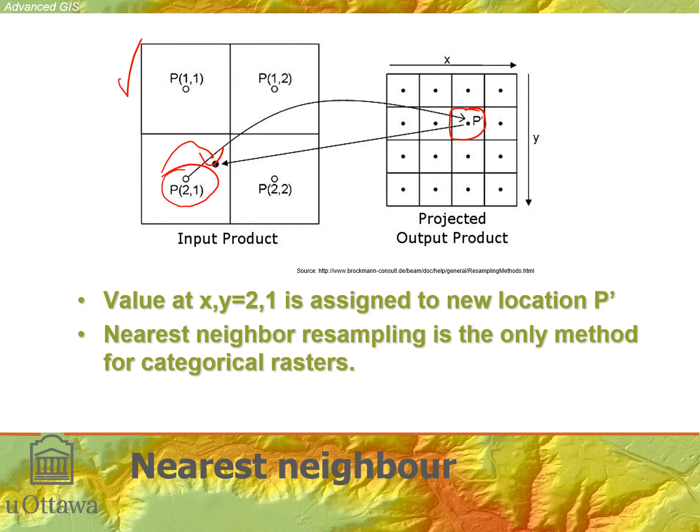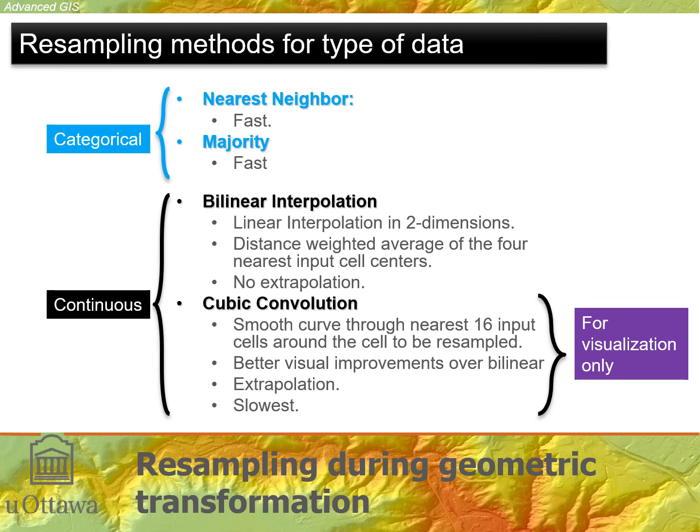But ArcGIS Pro doesn't have that capacity for resampling, just nearest neighbor, and that's for categorical data. So there are different resampling methods for categorical and continuous. For example, as I mentioned, for categorical data, nearest neighbor and majority are 2 possible ones. For continuous data, there are 2 choices: bilinear interpolation and cubic convolution.